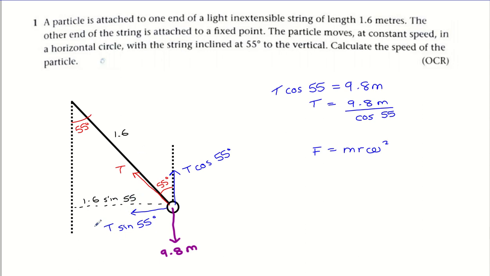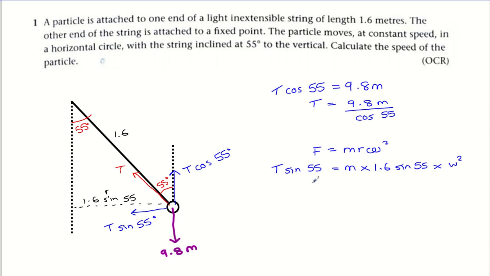So r is 1.6 sine 55. F is the force towards the centre of the circle, and that's T sine 55 from the string, the sine component. So we've got T sine 55 is equal to m, which we don't know, times r, which is 1.6 sine 55, times omega squared.